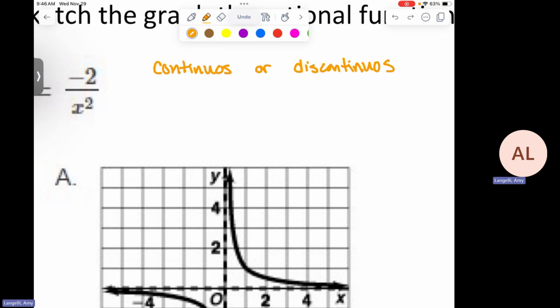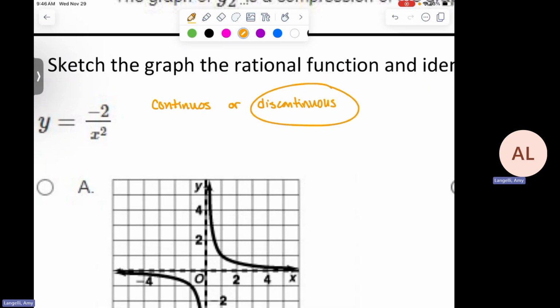Ooh, that's a horrible highlighter. There we go. Discontinuous. I didn't do that right. Now I feel like I'm not spelling discontinuous right. This is embarrassing.